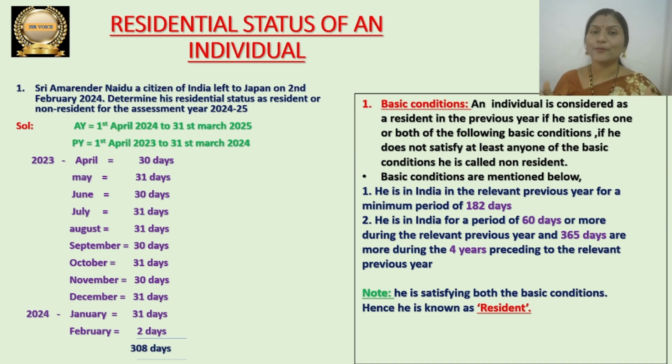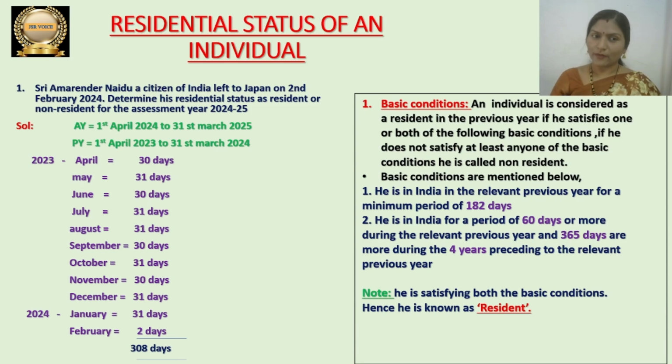That is our present previous year. We have to determine the residential status of Amarendra Naidu during the previous year period, how many days he stayed during it. Depending upon that, we will apply the rules and determine his residential status.